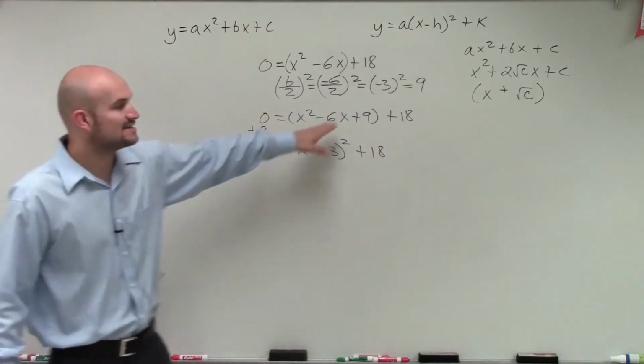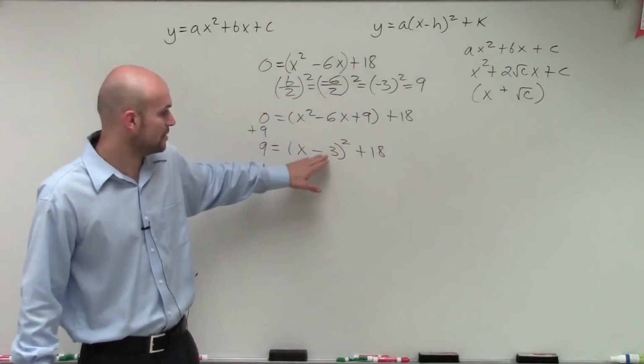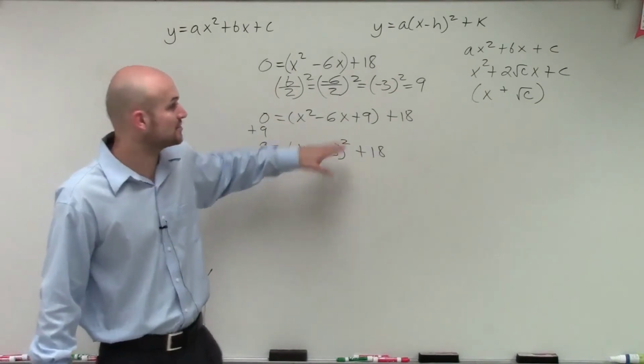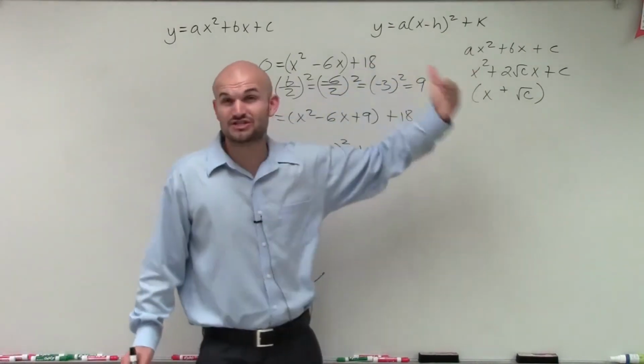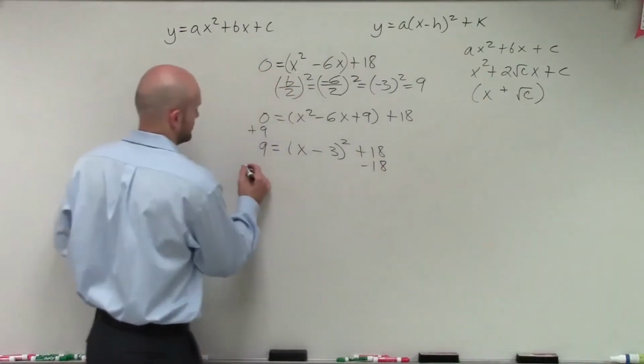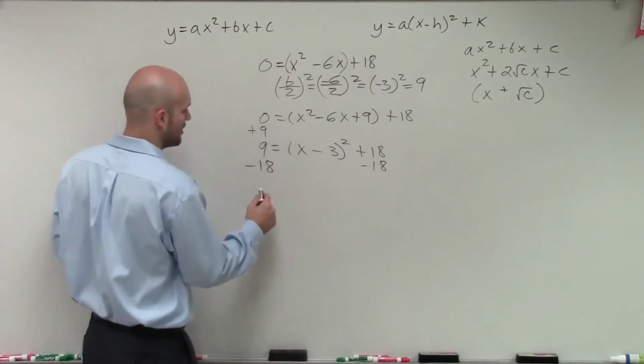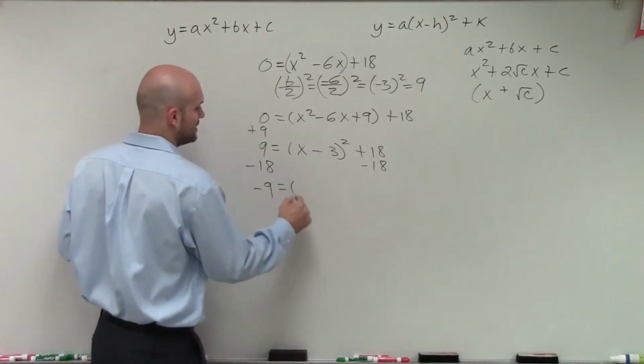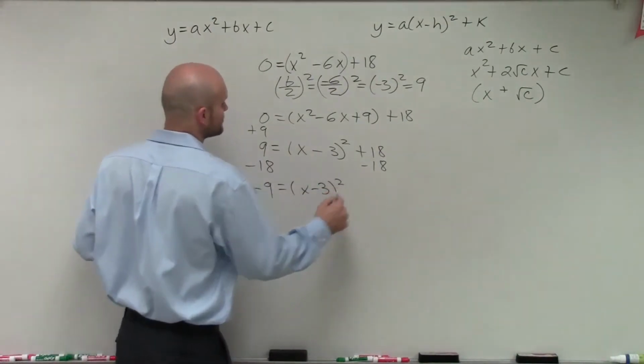All right, so that is my trinomial factored into a binomial squared, which is good because now I can apply my inverse operations. So therefore, I'll have negative 9 equals x minus 3 squared.